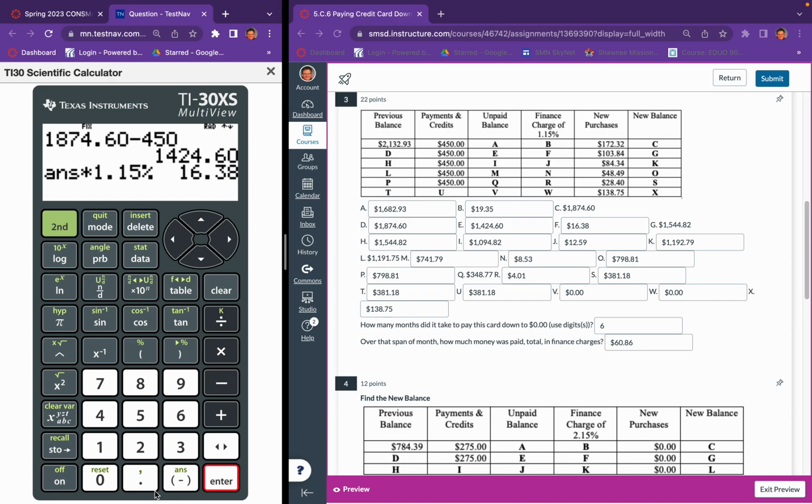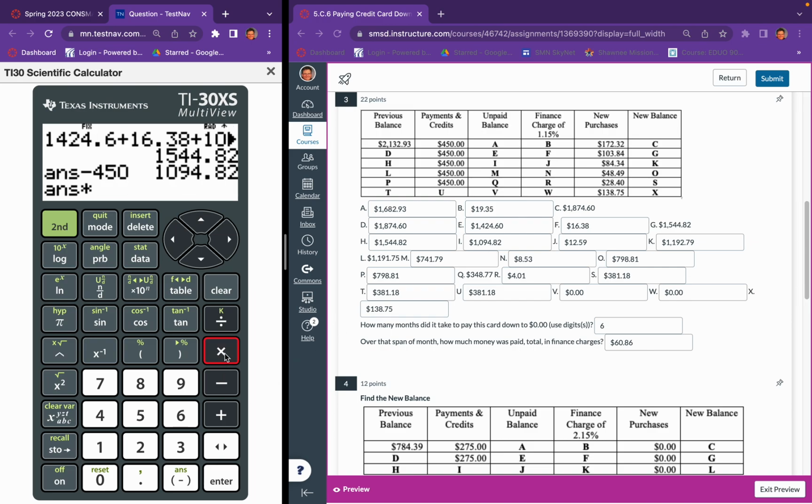So we have 1424.60 plus 16.38 plus 103.84, and we should get 1544.82. Okay. And then we're going to pay $450, and that gets us $1094.82.